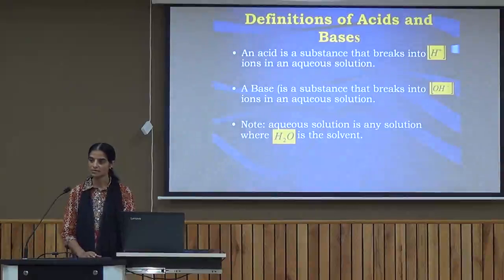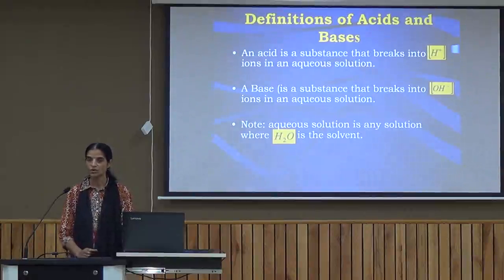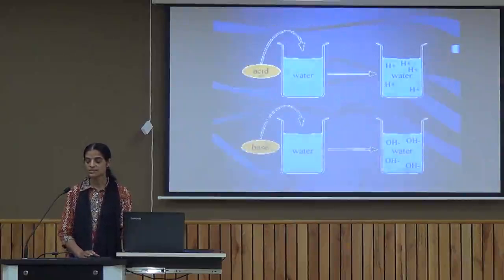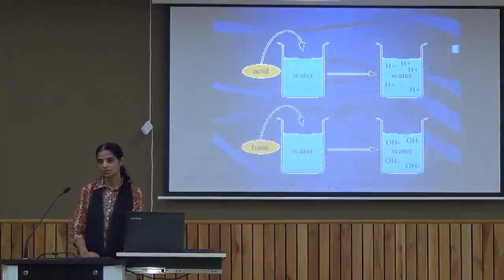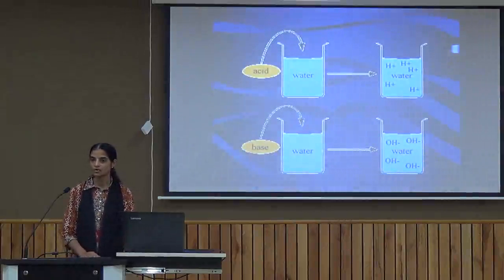Similarly, a base on dissolution in water gives hydroxyl ions. So when you put a base in water, we say an aqueous solution of the base is formed. Now next, this is a diagrammatic representation. When you put acid in water, it forms hydrogen ions, and when you put base in water, it forms hydroxyl ions.